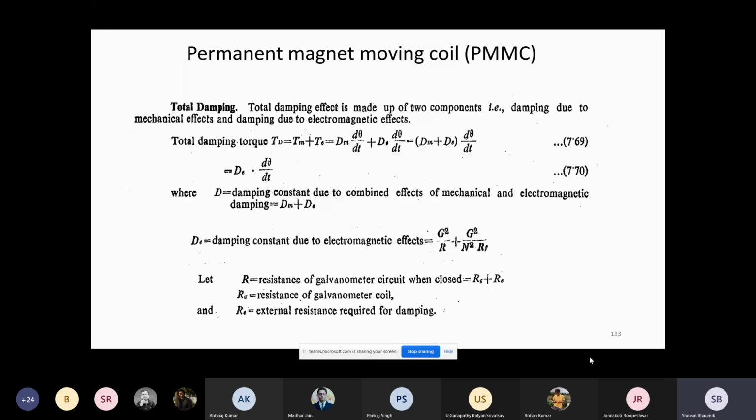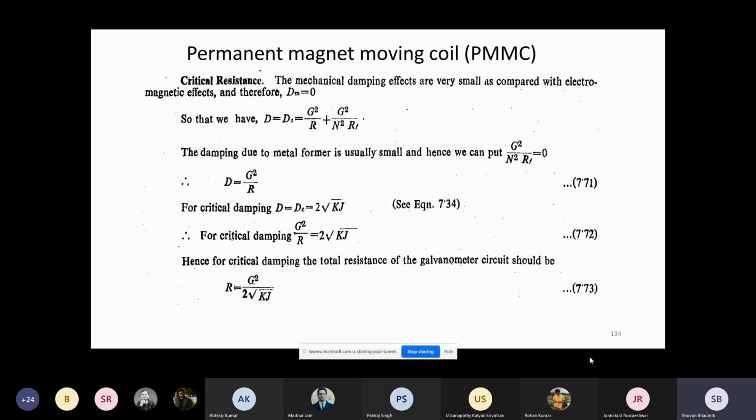So if we add these two, we will get the total damping constant. Now let's try to see what is the critical resistance. The mechanical damping effects are very small compared to the electromagnetic damping, so we are ignoring that. So Dm we can keep as 0. So we have D equals to De only, which we have seen is G square by R plus G square by N square RF.